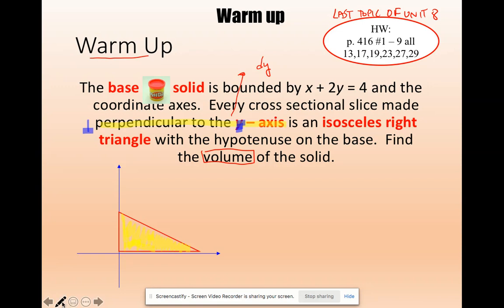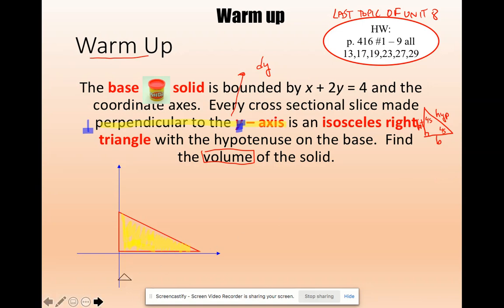What is the shape, by the way? An isosceles right triangle. So right away, my brain just went to, well, an isosceles right triangle is a 45, 45, 90 triangle, where the height and the base are the same. And the longest side is called the hypotenuse, right? Isosceles means the height and the base are the same. Why do I care about that?